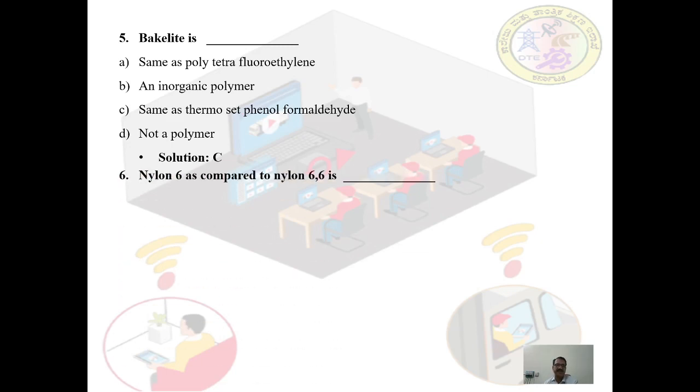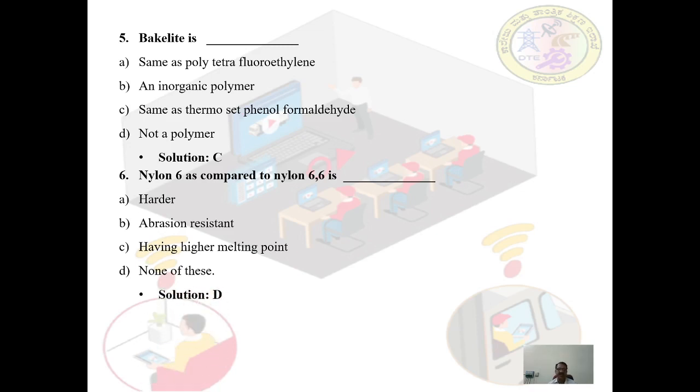Next, sixth one, nylon 6 as compared to nylon 6,6 is dash. Option A, harder; option B, abrasion resistant; option C, having higher melting point; and D, none of these. The right answer is D, none of these.